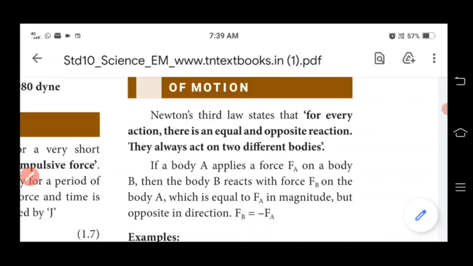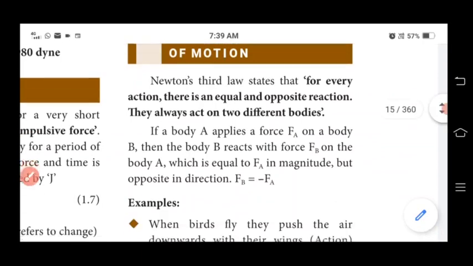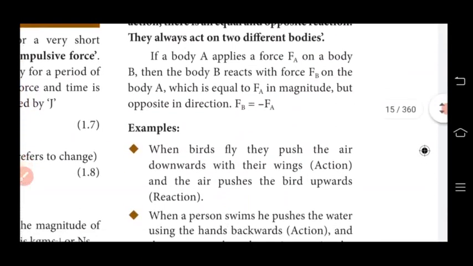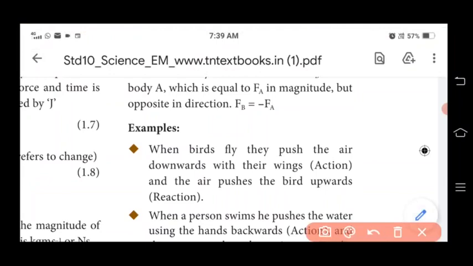And then some examples are given for Newton's third law. The first example, when a bird flies, it pushes the air downwards with its wings. This is said to be the action. And the air pushes the bird upward, and this is said to be the reaction.